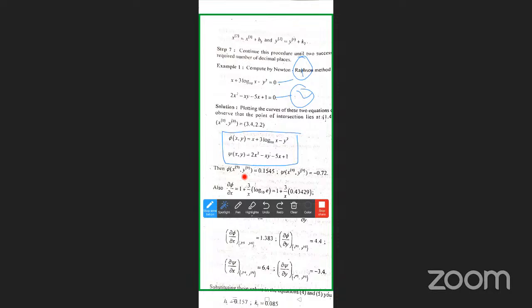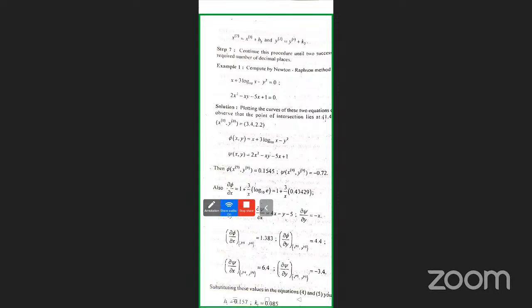So next, the second step is to differentiate phi comma psi with respect to x and y. So differentiation of x with respect to x gives 1. 3 is constant, and log x differentiation is 1 by x.